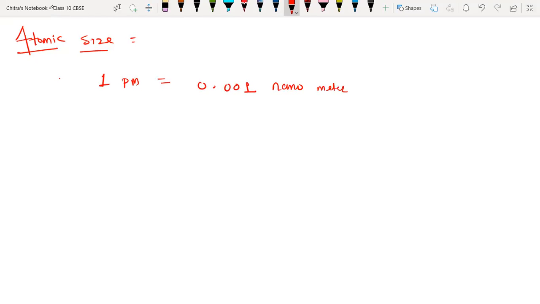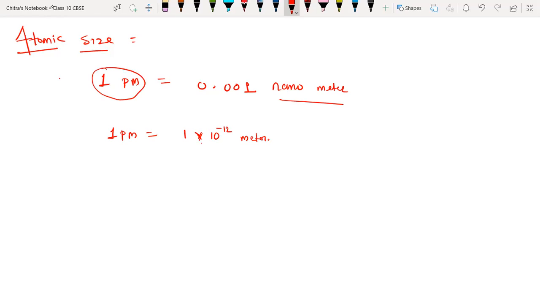If you want to compare with meter, then 1 picometer equals 1 times 10 to the power minus 12 meter. It is really a very small unit, like 0.00 up to 12 places and then 1. I hope you understood that. Yes, understood. Okay.